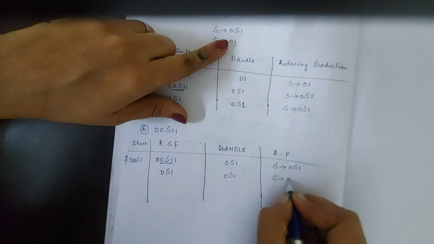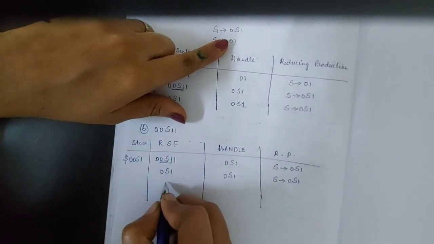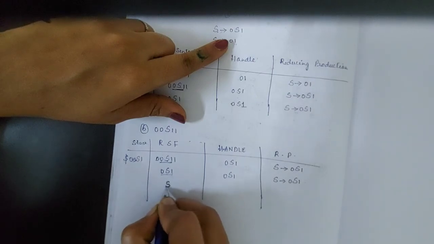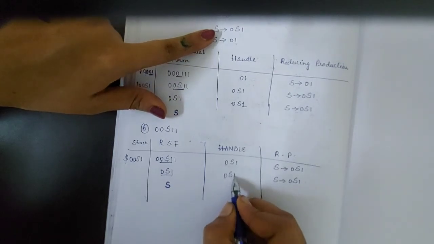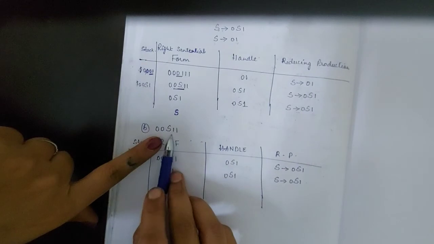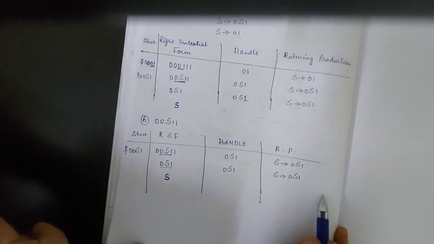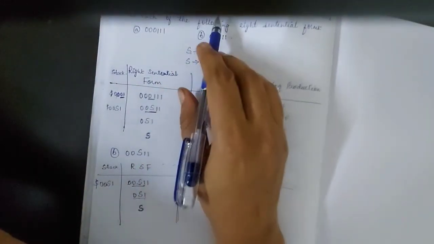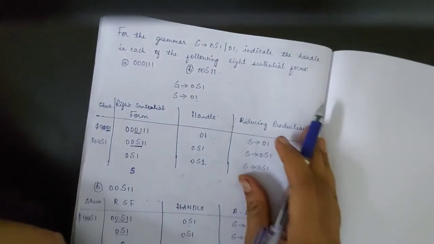Using this production we can reduce it, and we have got the starting symbol, which is S. So 0S1 becomes the handle for this input string. This is the method of indicating or deriving the handles for the given input string and the given grammar. Thanks for watching.